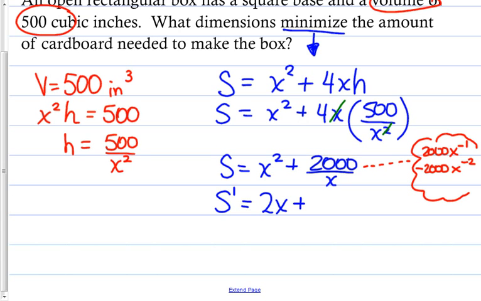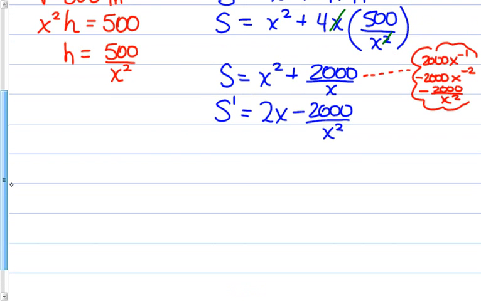But then we can rewrite that. The negative 2 means it's actually the denominator. So negative 2,000 over x squared. Just a little side note just in case. So back to over here, this plus is not supposed to be there. So minus 2,000 over x squared. So there's my derivative. I'm going to set it equal to 0.